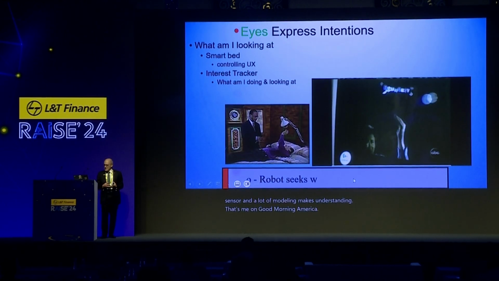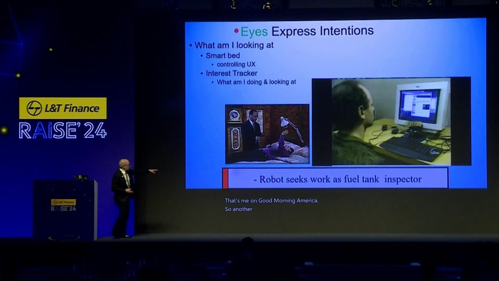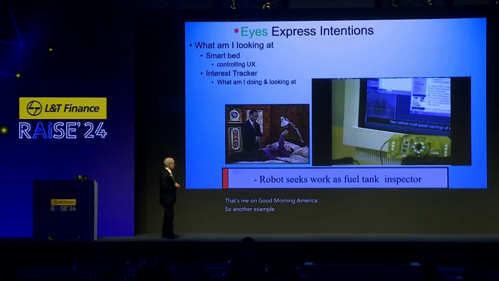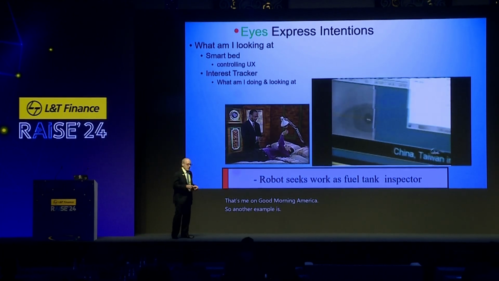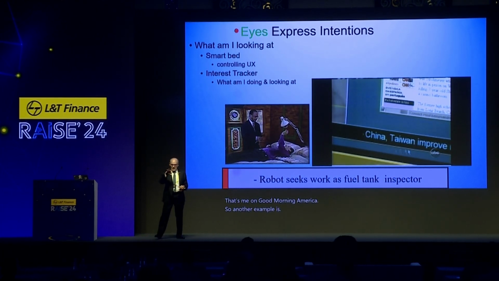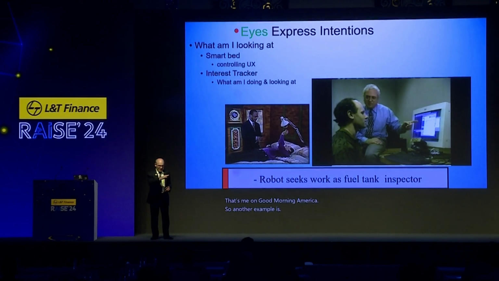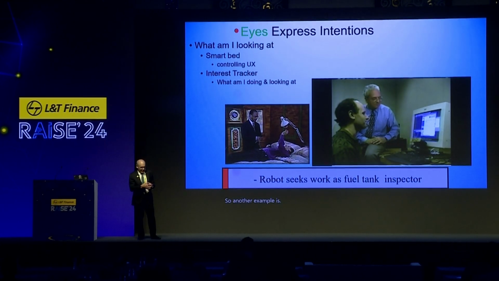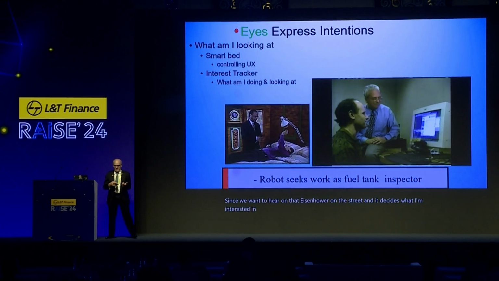So another example is this robot seeks work as fuel take inspector. What happened was I was just looking at the screen, and it could tell I wasn't doing anything, so it gave me some news. This thing called interest tracker simply watches where my eyes are on the screen, and then decides what I'm interested in, and helps me get information.